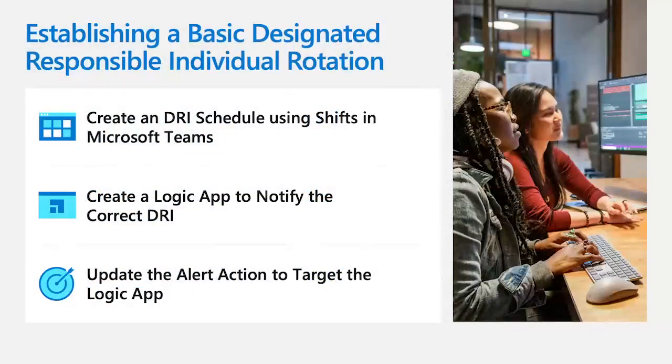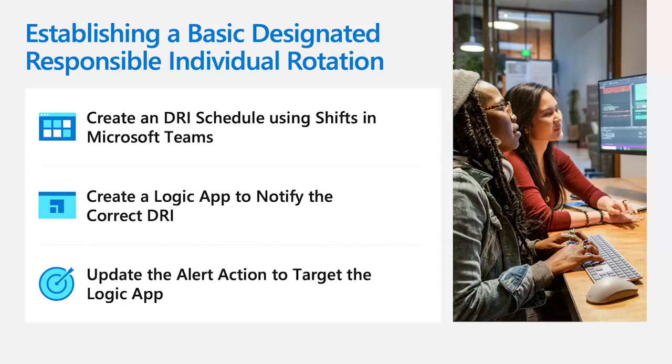So when we're working through establishing a basic designated responsible individual rotation, or a shift, this is pretty much just a fancy term for creating an incident response shift. We want to create a DRI, disaster recovery incidents, schedule using Shifts, which is an app in Microsoft Teams, and we'll learn how we can do that.